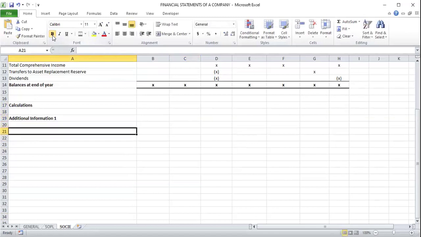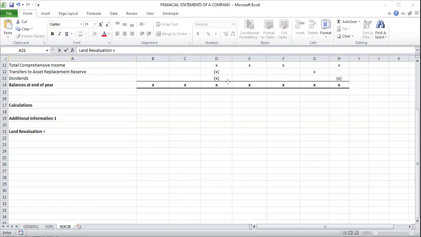Right. So I would start with additional information one. We have land and buildings revaluation. Let's start with the land revaluation. Our land, we are told that it was bought for 1.5 million.